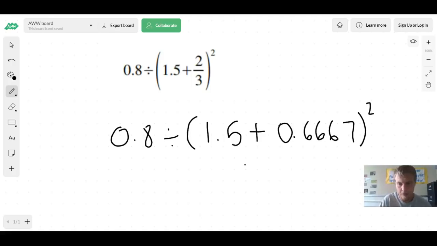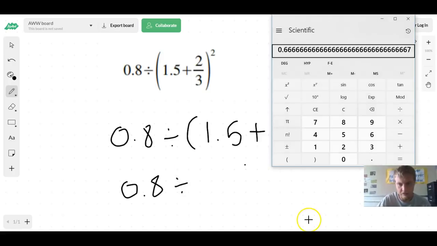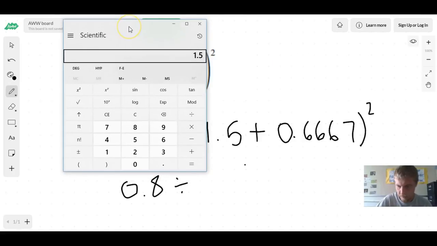We're going to then add these two together because they're inside the parentheses, so that'd be 0.8 divided by. And this is the reason why we have calculators for these decimals, so that we can just add some of these things together. So we would have that.